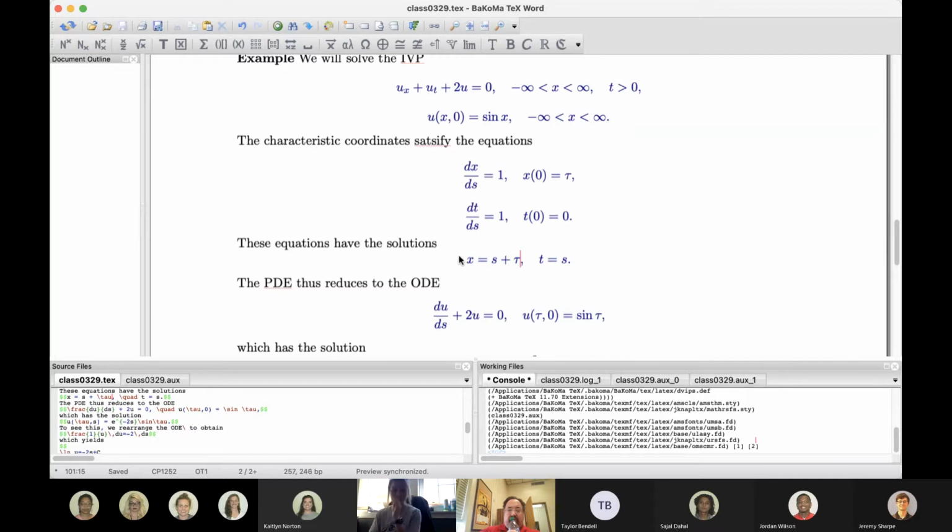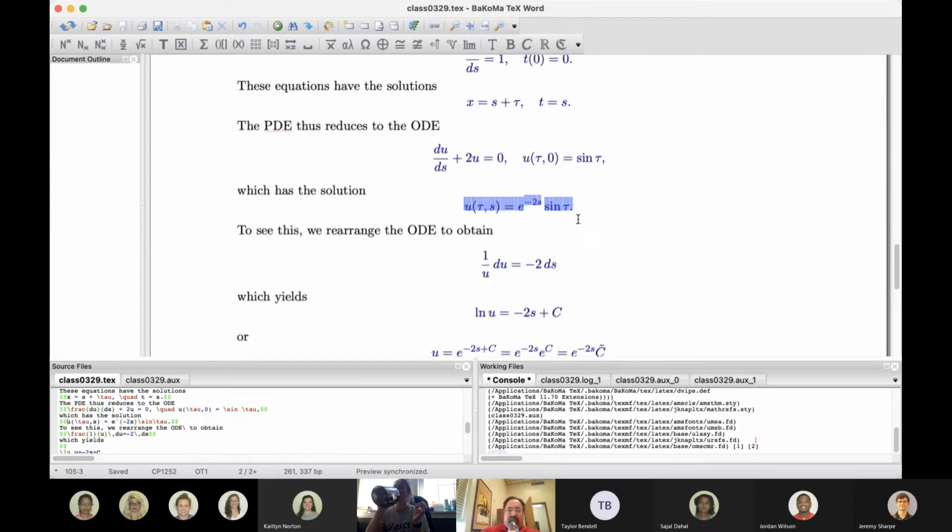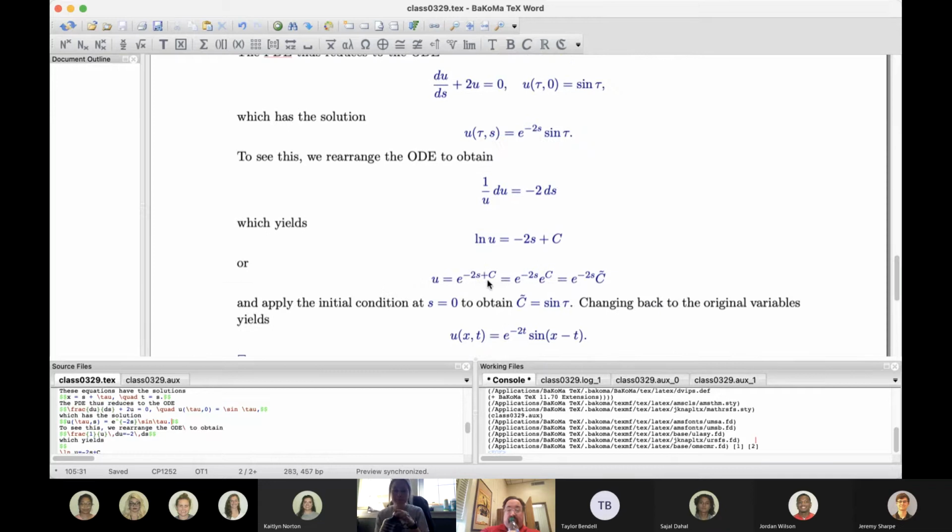And then you use these solutions to express tau and s in this solution in terms of the original variables, x and t, so that you can get u of x, t. So questions about what happened here?